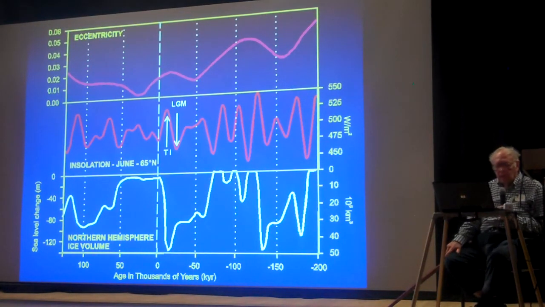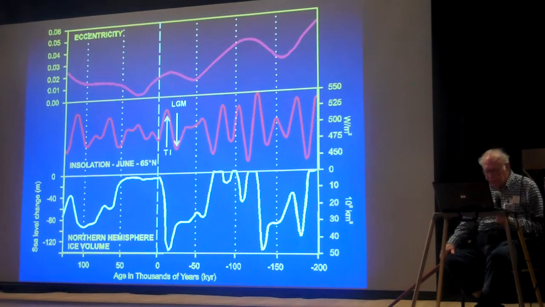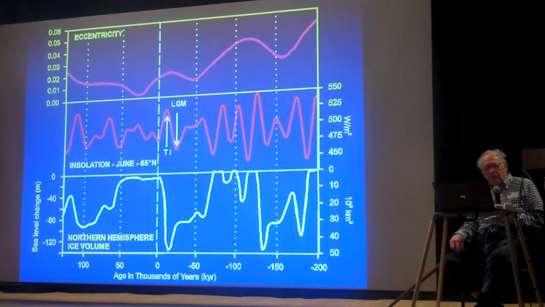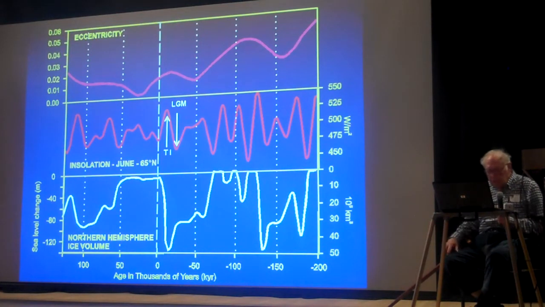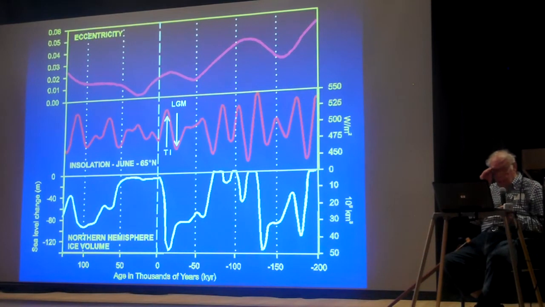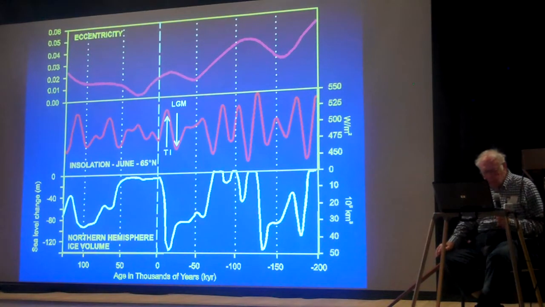Now, all 3 of the orbital motions are shown in the middle panel, combined, and you'll notice there is a depression there that I've labeled last glacial maximum. It actually precedes the glacial maximum because it takes time for the ice to build up. And then you'll see one that's labeled T1, that's called termination 1. That's the deglaciation after that glacial maximum, leading to the present day interglacial.